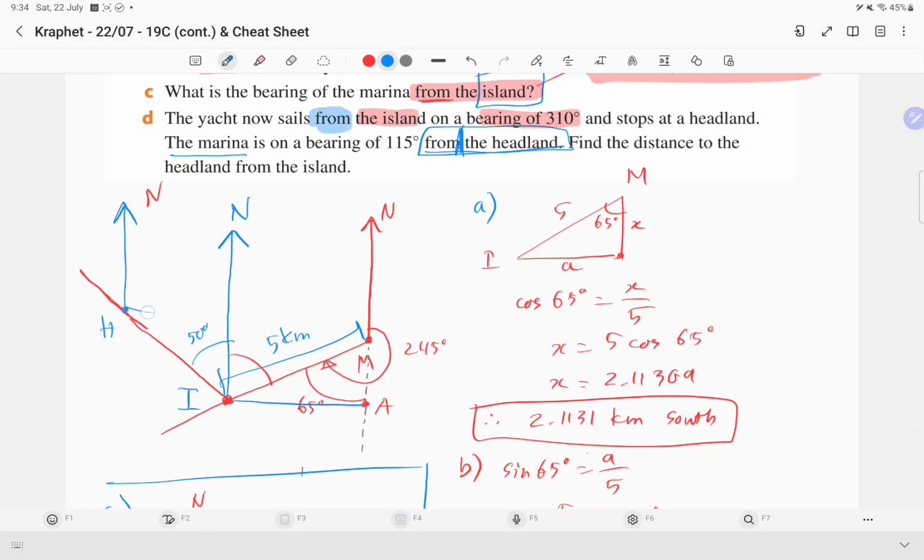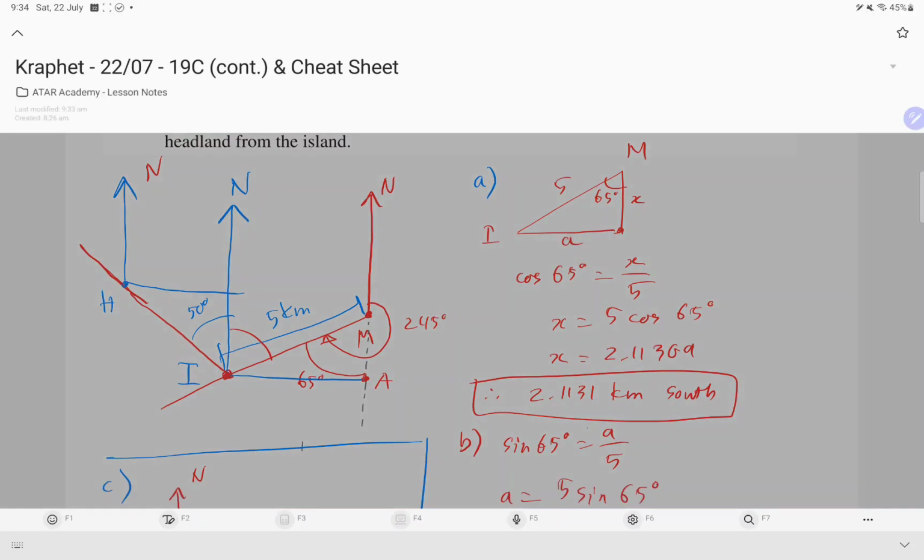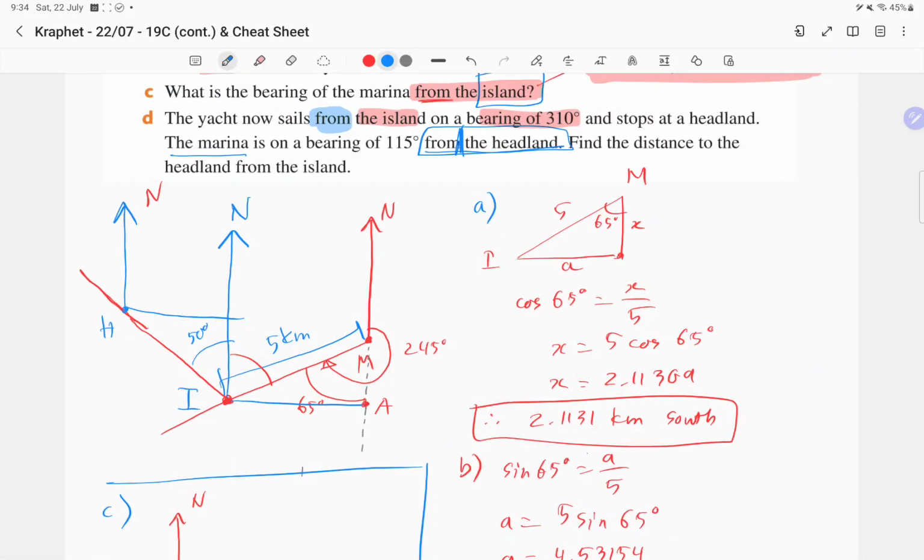I'm just going to use a rough value here. Or I can actually use an exact value, calculate 115, which is like around here. All right, so this point there will be 115 degrees to the marina.